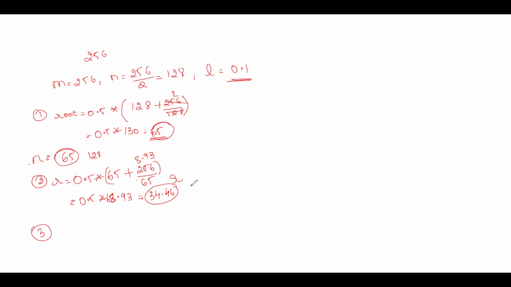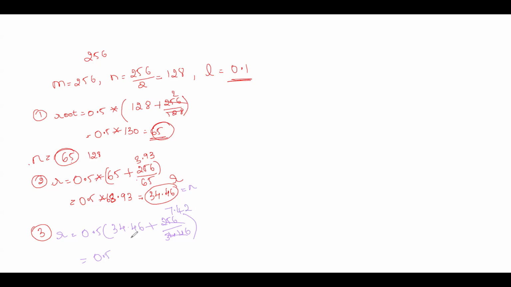Now n will become the root value. So root is equal to 0.5 into, the n value has changed to 34.46, plus 256 divided by 34.46. When I calculate this entire value, I am going to get 7.42.